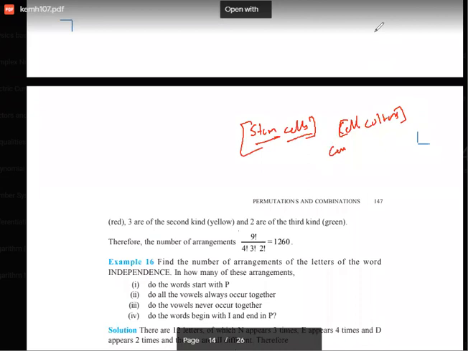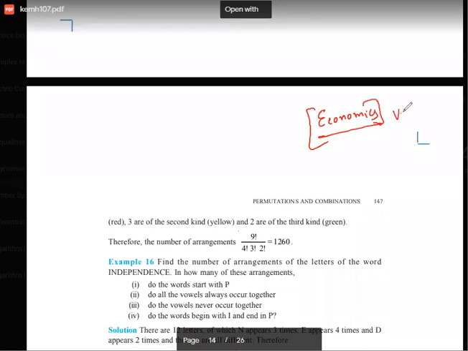So every subject has a plethora of interesting things, or it can be boring depending on how you see it. For example, economics is very interesting, if you want to learn finances and everything.